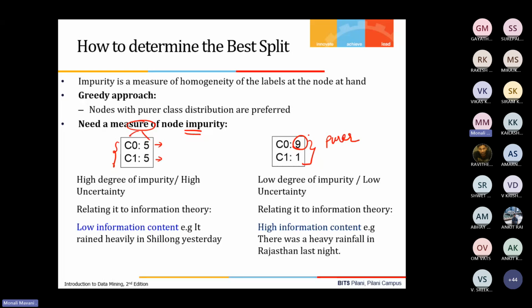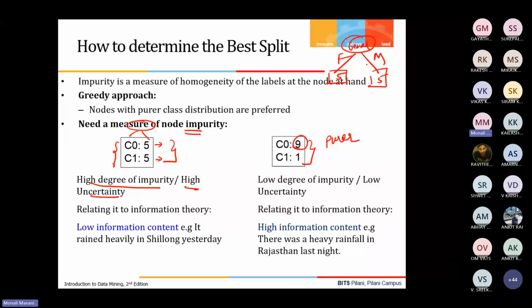Obviously the last one, the second one on the right, is purer. So I will relate this concept of impurity to probability or information theory. High degree of impurity means high uncertainty. Why do I call this high uncertainty? Suppose I am here. Okay, we have some decision, yes and no, maybe gender, female and male, and we have 5 examples here and 5 examples here.